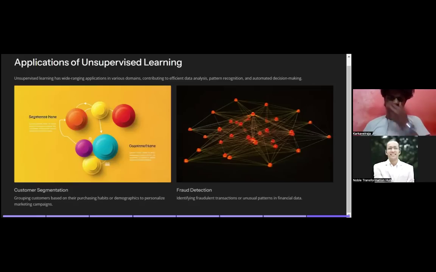You have to understand what the industry behavior is. Whatever company is behaving this way, you can tell them customer segmentation, an unsupervised learning application, can be done. I think every industry needs personalized campaigns. It's very simple, right? Fraud detection: identifying fraud transactions, highly recommended for the financial sector.